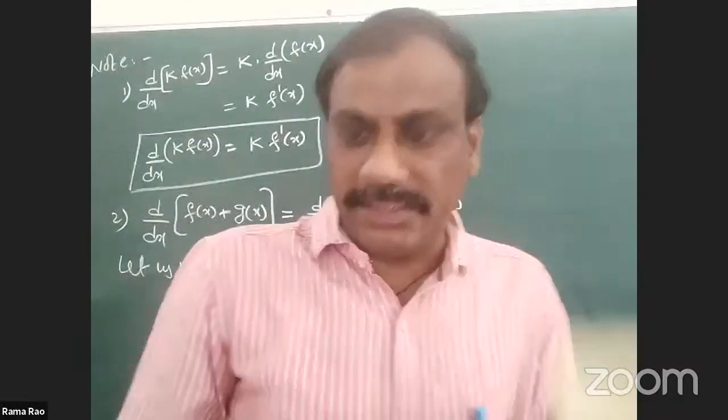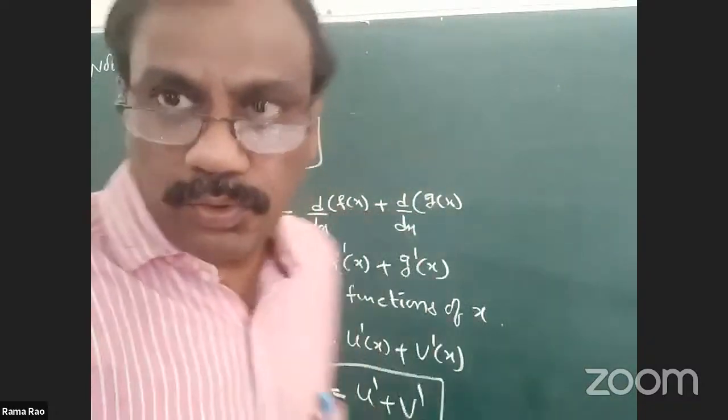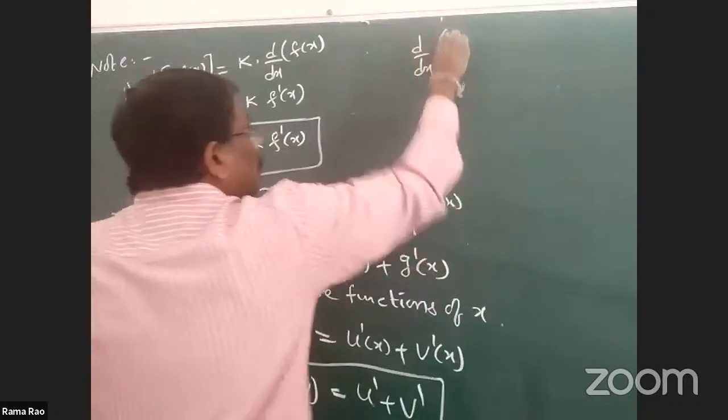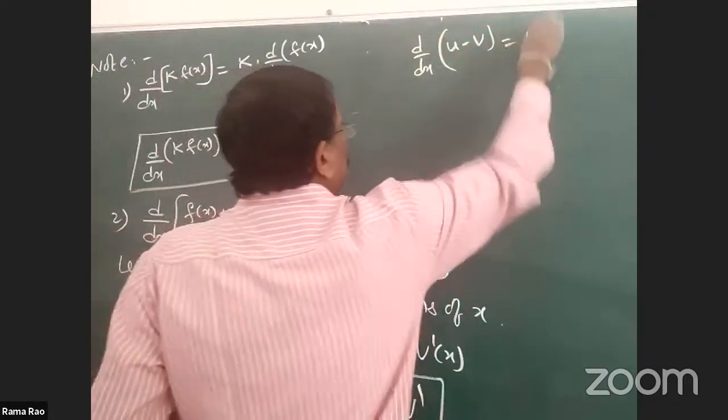If you take minus, d by dx of u minus v, that is equal to u dash minus v dash.